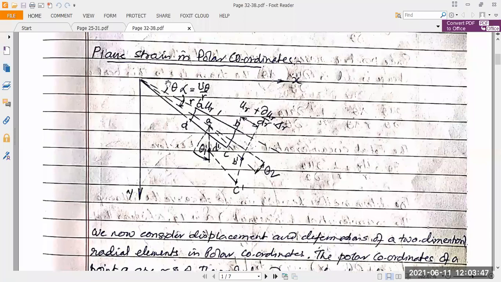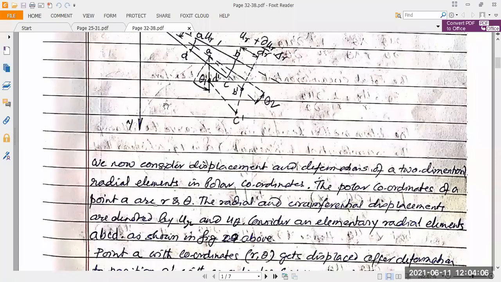According to the theory, we plotted the angle theta. Here we are considering all the displacement and deformation of the two-dimensional radial element in polar coordinates. So here we have this point, which we call point A, with r and theta.